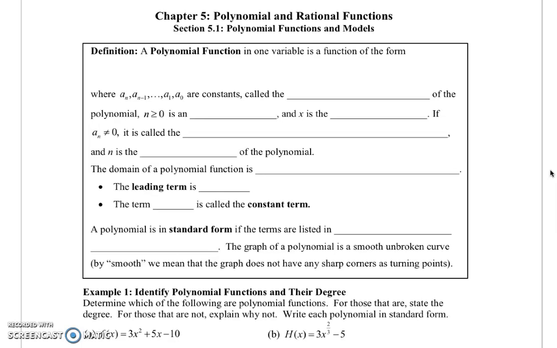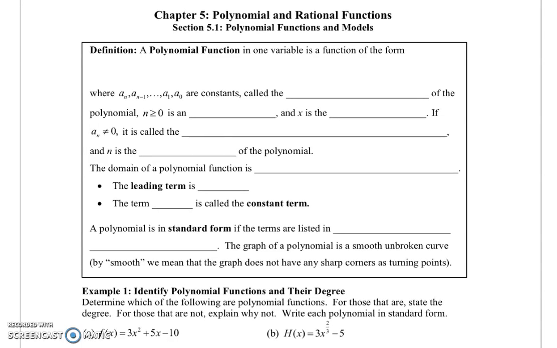This is the beginning of our third unit, and we're going to start by discussing polynomial functions and models of polynomial functions. So of course we have to do some definitions first.